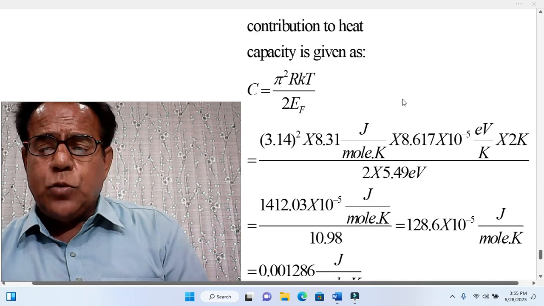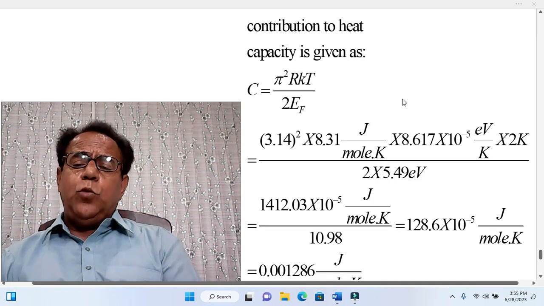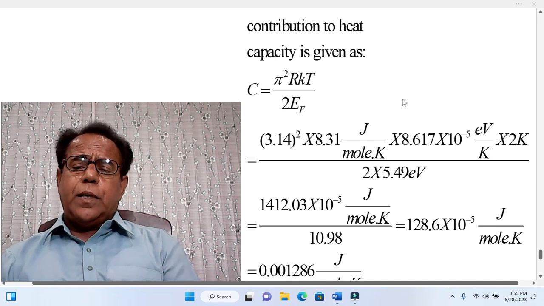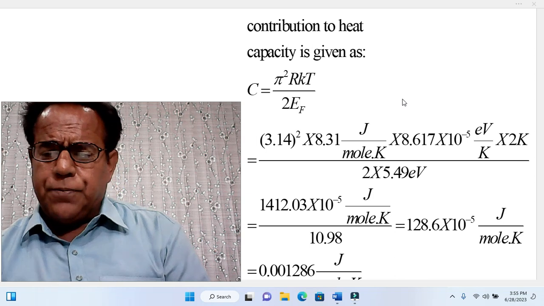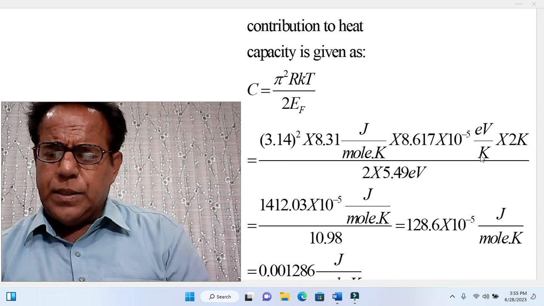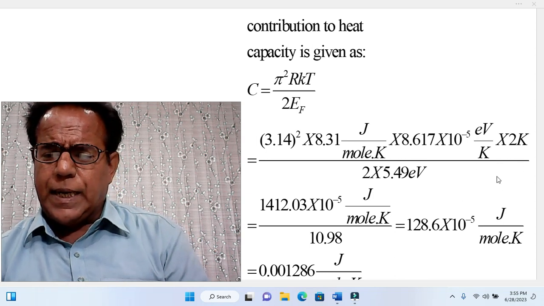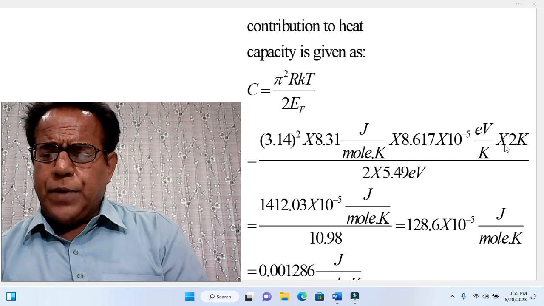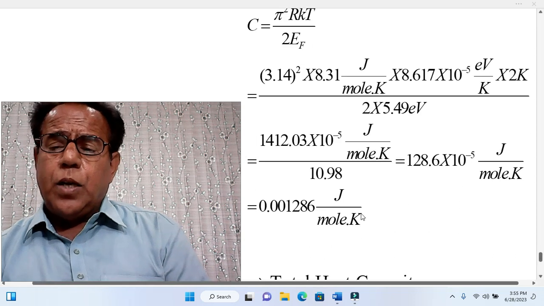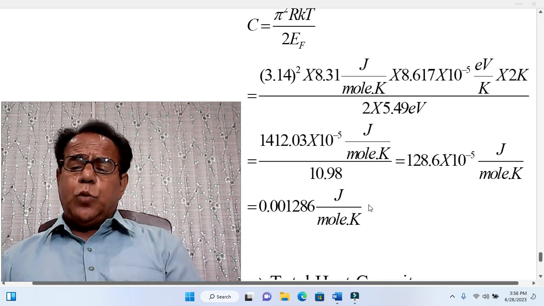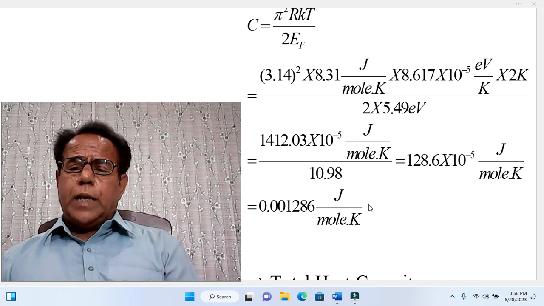We have just put the values; all values are given in the tools. After putting these values, Kelvin will be cancelled with Kelvin, and the answer will be in terms of joule per mole Kelvin, because heat capacity is always expressed in these units.